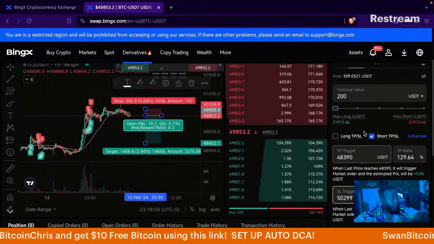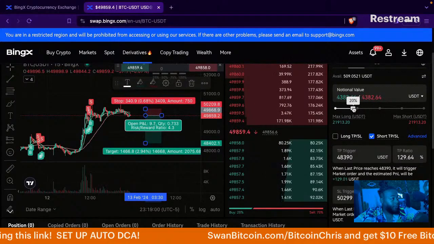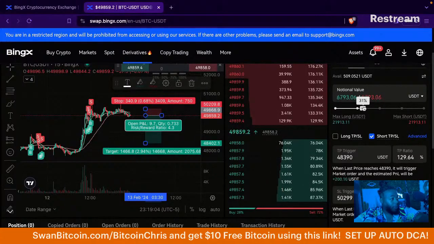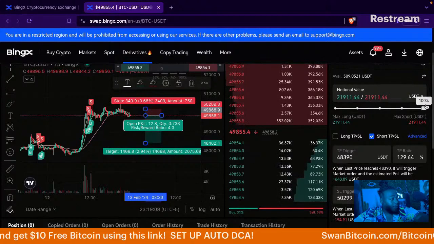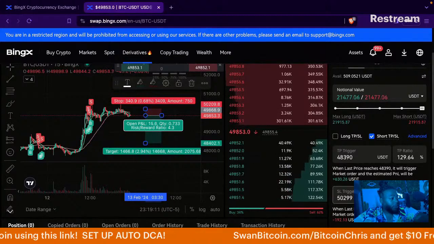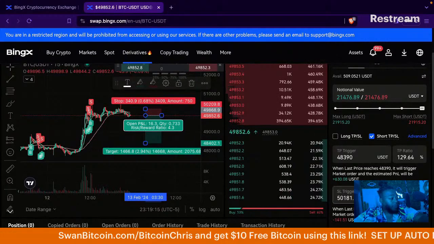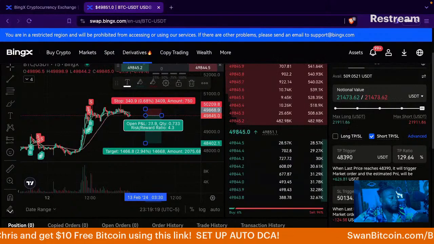All right. Obviously, the more money you put up, the more money you can make, right? So here it is. And then you can do a shorter, let's just say you want to do 20%, 25%.